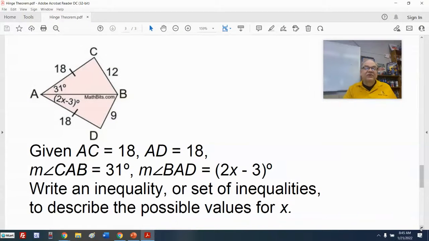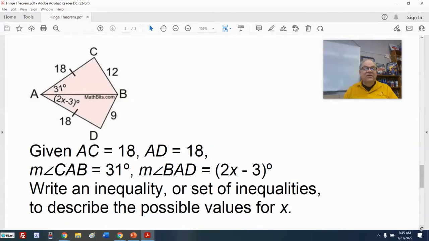Here we have a picture. It says that AC is 18, AD is 18, and what we have here is two expressions for the angles. And it says write an inequality or a set of inequalities to describe the possible values for x. So on this one, the thing that's important is I know that 9 is less than 12.